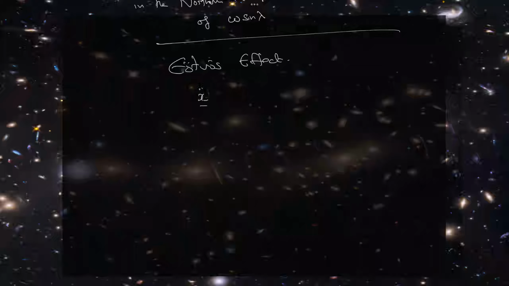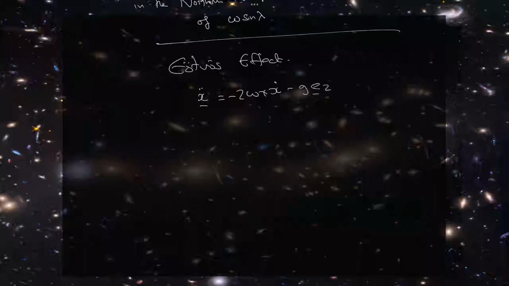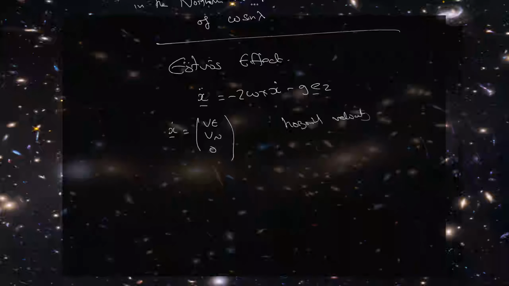For our next example, we discuss the Eötvös effect. We have x double dot is minus 2 omega cross x dot minus g e_z, again neglecting the centrifugal force. X dot we take to be (ve, vn, 0), so we assume the horizontal velocity is a lot larger than the vertical component of the velocity.